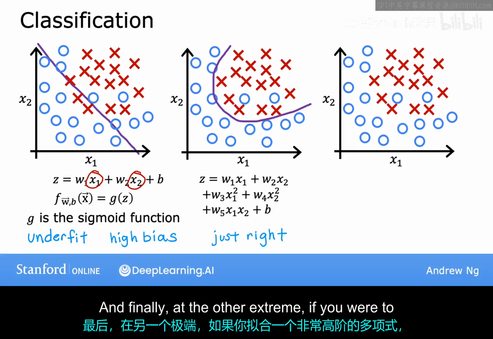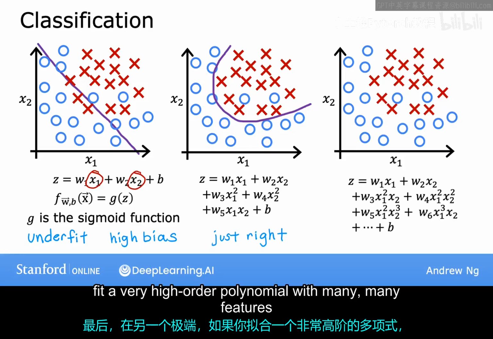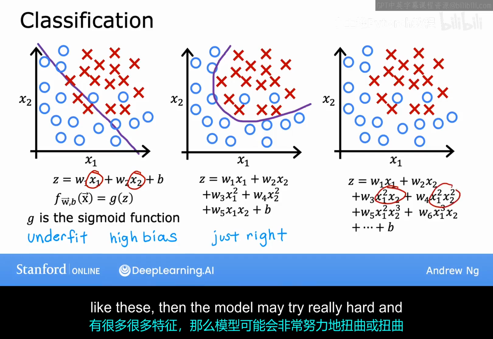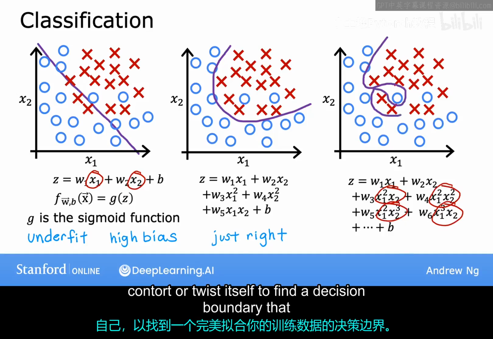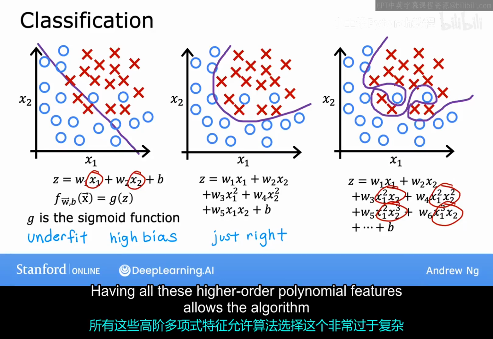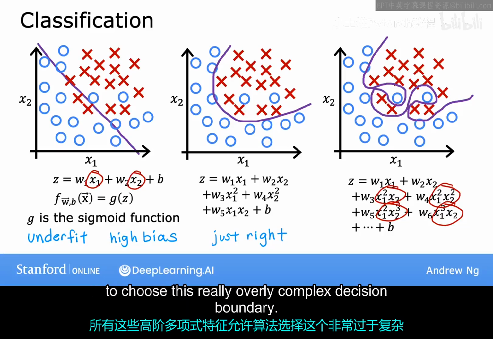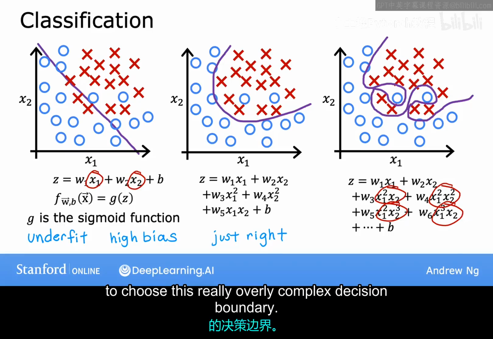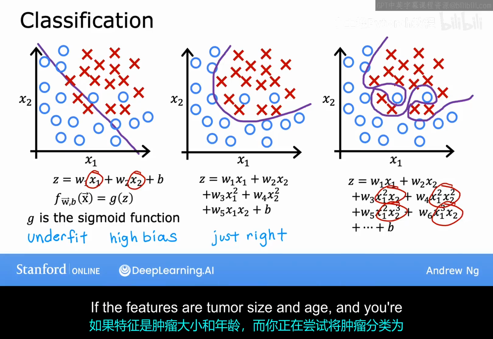And finally, at the other extreme, if you were to fit a very high-order polynomial with many, many features like these, then the model may try really hard and contort or twist itself to find a decision boundary that fits your training data perfectly. Having all these higher order polynomial features allows the algorithm to choose this really overly complex decision boundary.